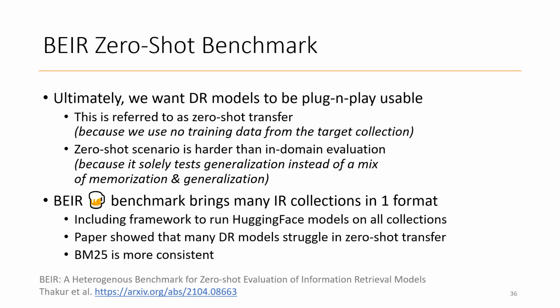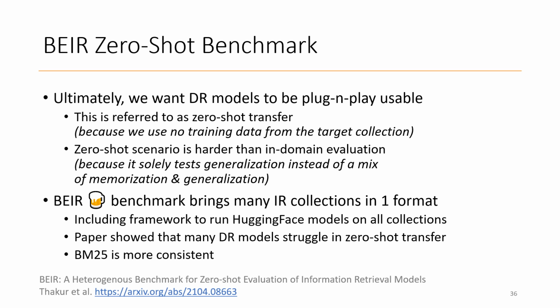And this is referred to as zero-shot transfer, because in most cases we don't have large training data, and we need to transfer the model from the MS MARCO training data, for example, to the target collection, without the model ever seeing what the target collection looks like.